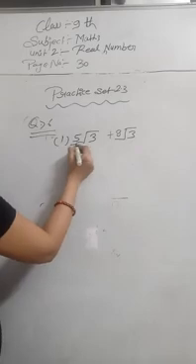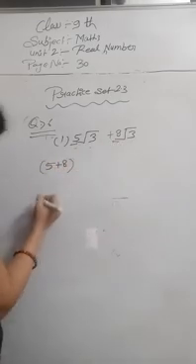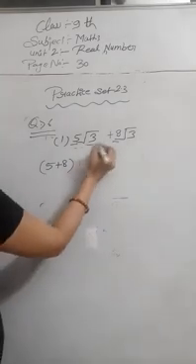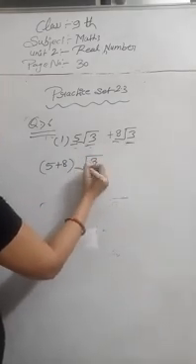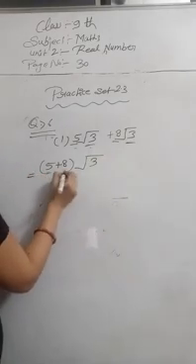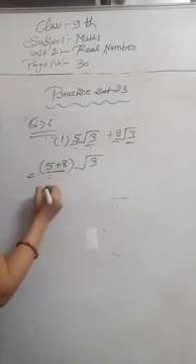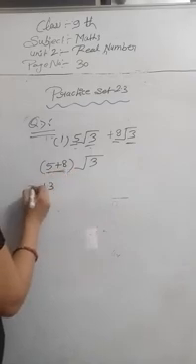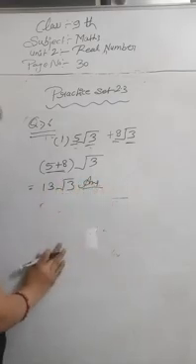First we will add these, 5 plus 8. Here root 3 is the common factor, so we will write root 3. Now 5 and 8 make 13, so we get 13 root 3. So this is our answer.